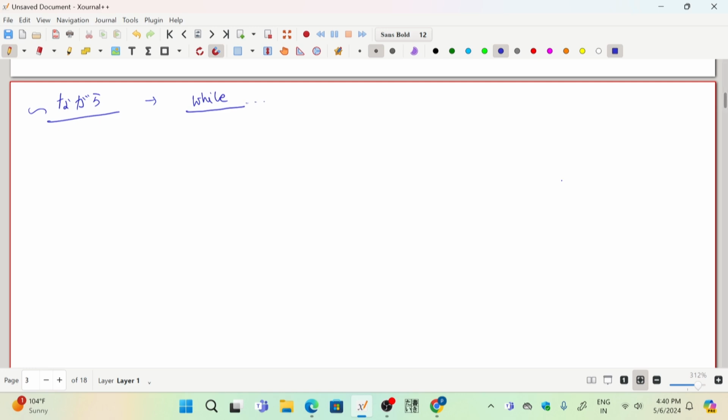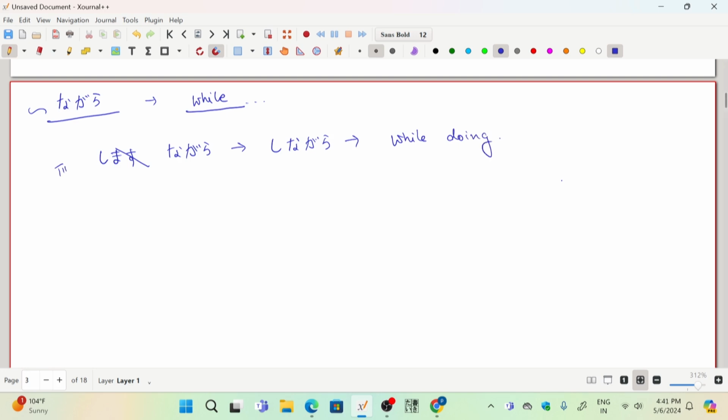And how to make nagara form with verbs is very easy. We'll just cut mas and add nagara. Suppose it is verb shimasu. We'll cut mas and add nagara. It will be shinagara and it would mean while doing.